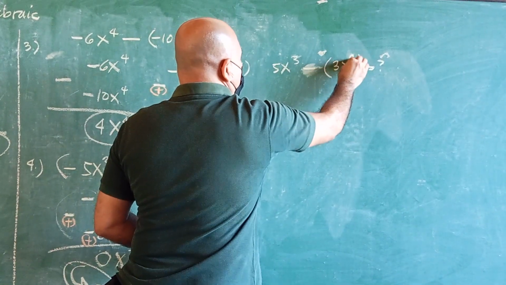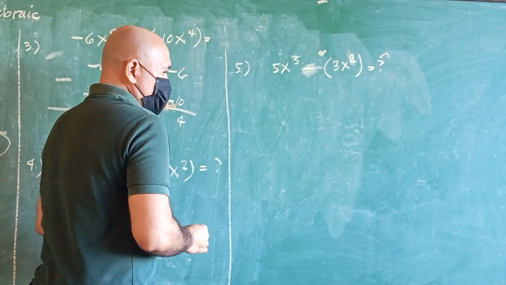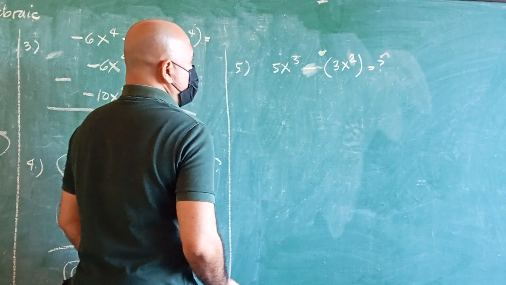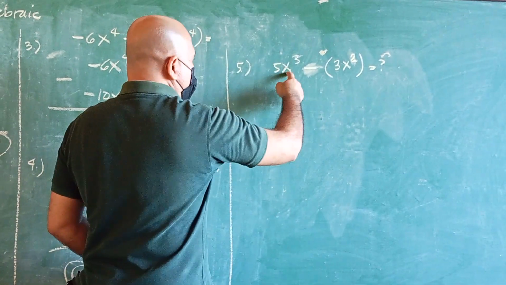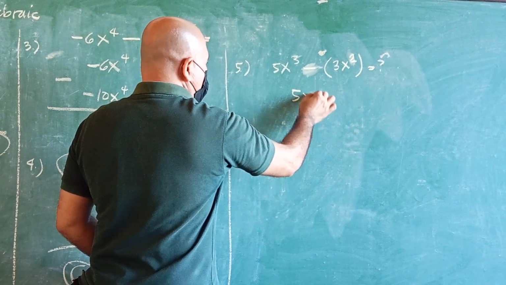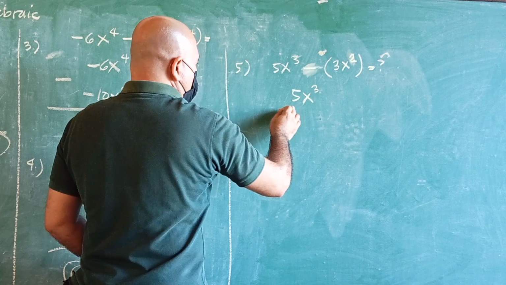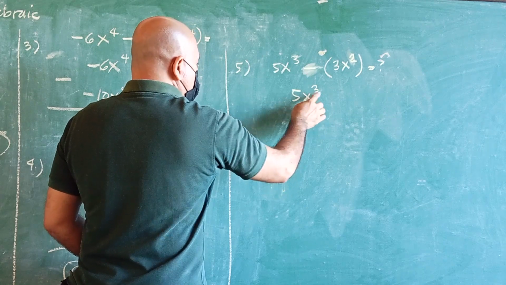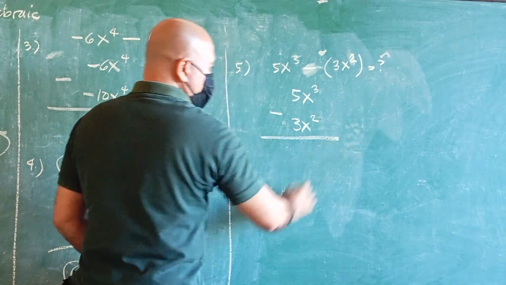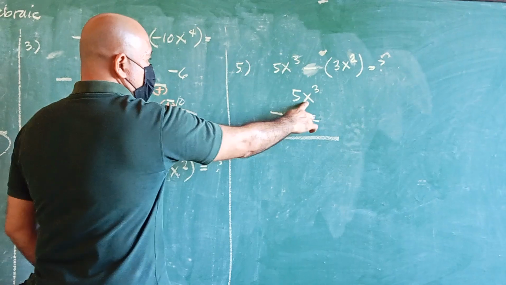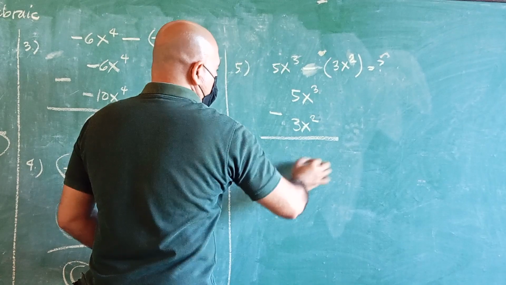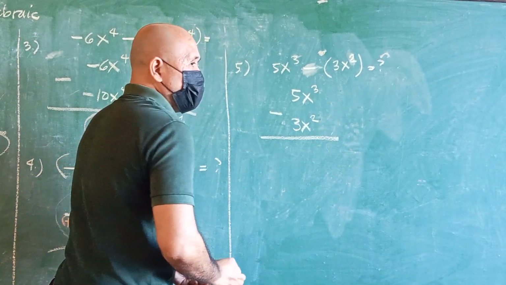The idea is, what will happen if you subtract algebraic expressions where the terms are not similar, where either the variables or exponents are not the same? So if you rewrite the given into vertical arrangement, this is how it looks: 5x cubed minus 3x squared. As you can see, the variables are the same, but the exponents are not the same. So therefore, the given algebraic expressions are not similar terms.